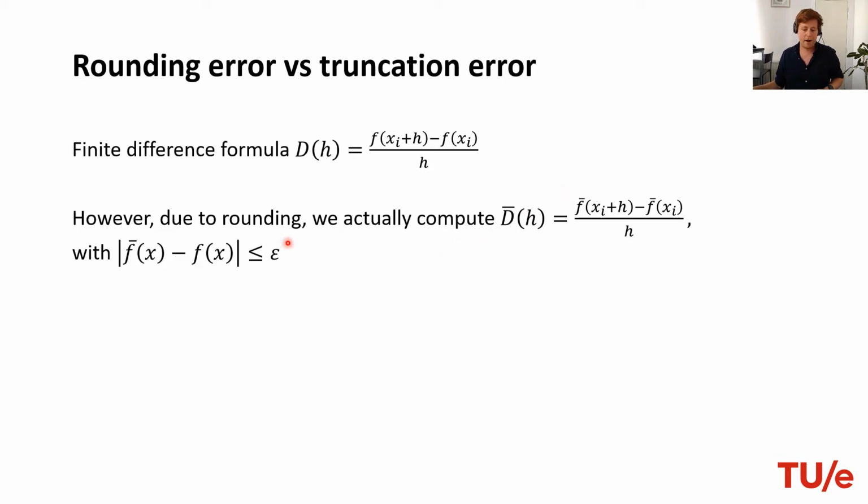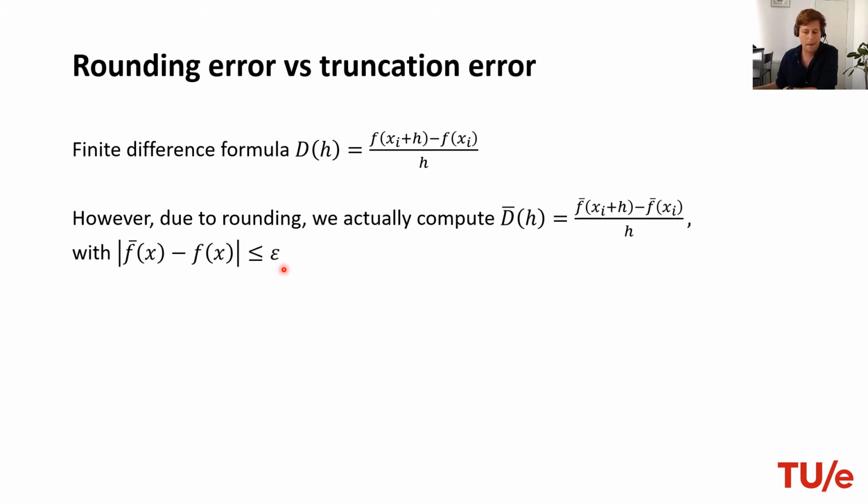And we actually found that there is a certain tolerance, let's say, and we call it here epsilon, which can be regarded as a bound of this rounding error. And this epsilon is dependent on the machine that you're using, so how many digits precision that you have in your floating point representation of numbers.